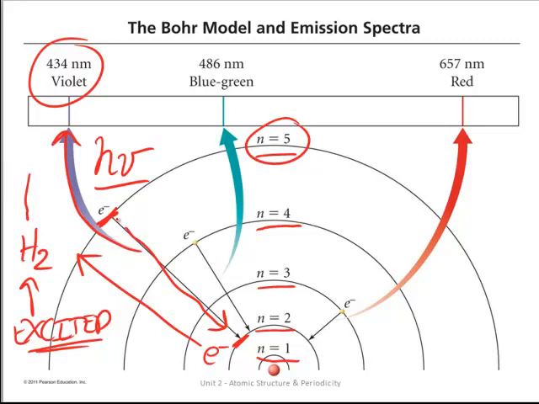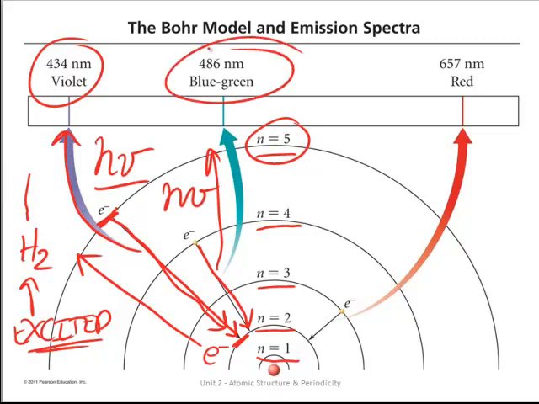Since going from n equals 5 to n equals 2 is a bigger energy transition, more energy than going from n equals 4 to n equals 2, the photon that is emitted is a shorter wavelength, higher energy photon. And the same can be true for an n equals 3 to n equals 2 transition.